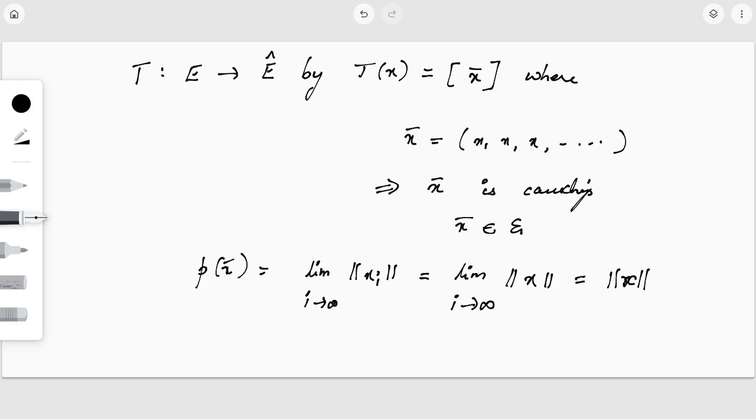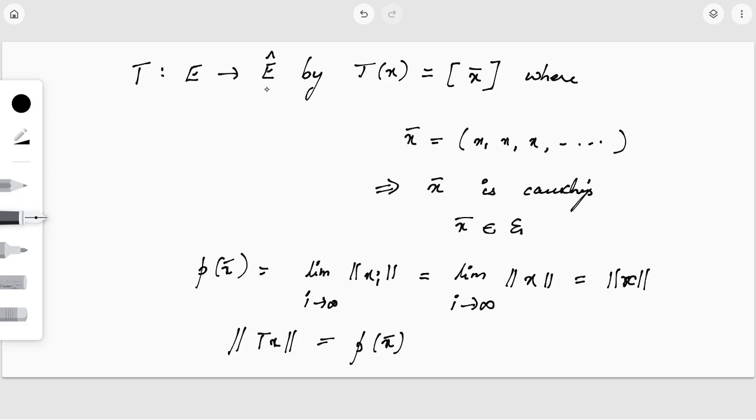And what was P of X bar? P was the quotient norm on E cap, right? So norm of TX will be P of X bar, right? Why?